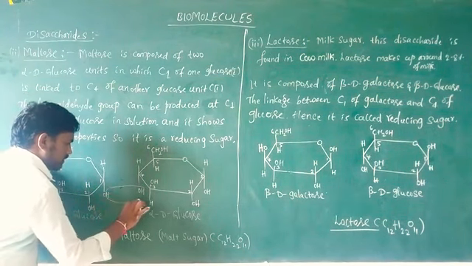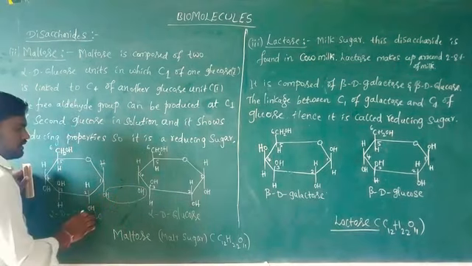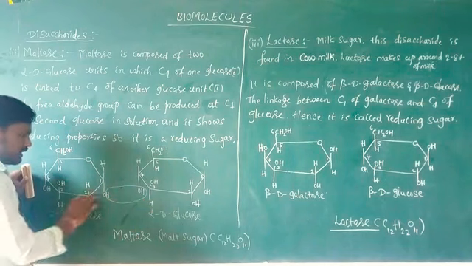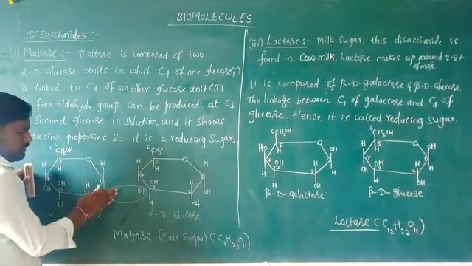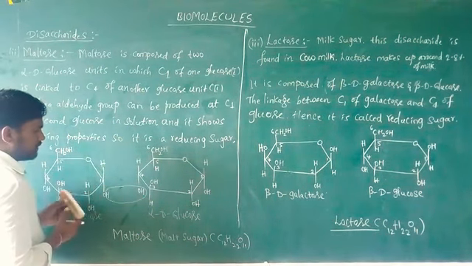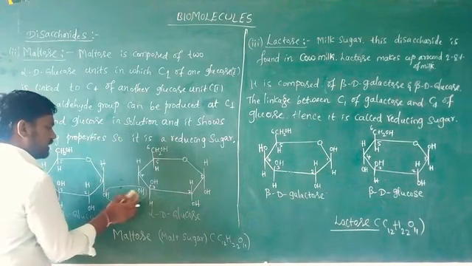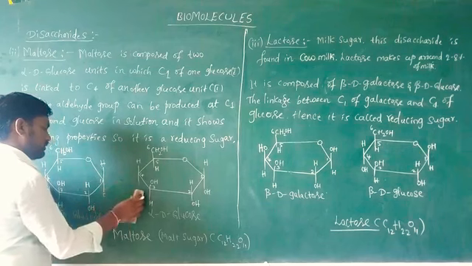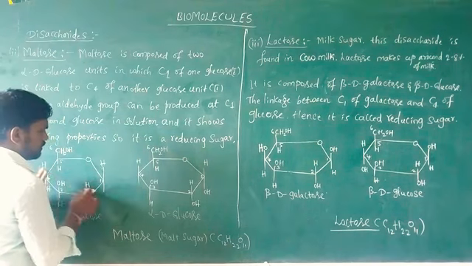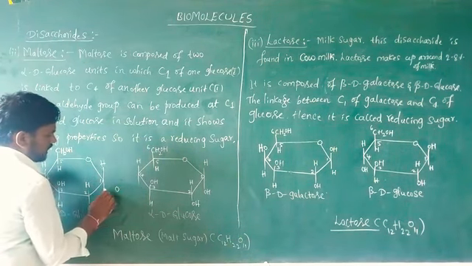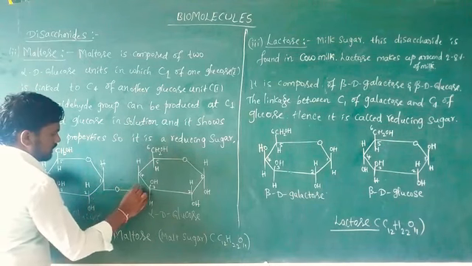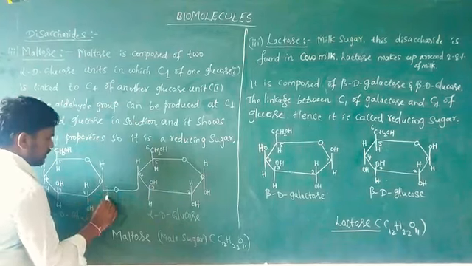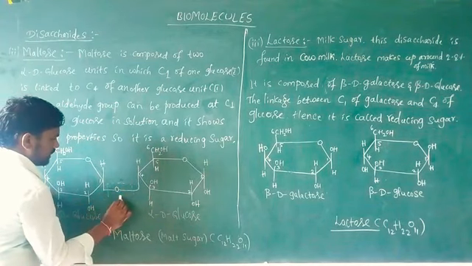H from the first glucose and OH from the second glucose are lost as a water molecule. The remaining oxygen linkage between the two monosaccharide units is called a glycosidic linkage.